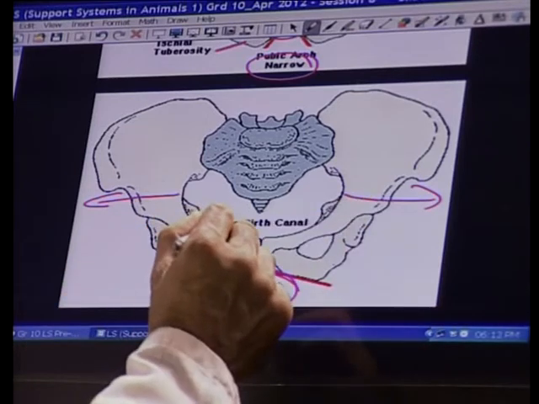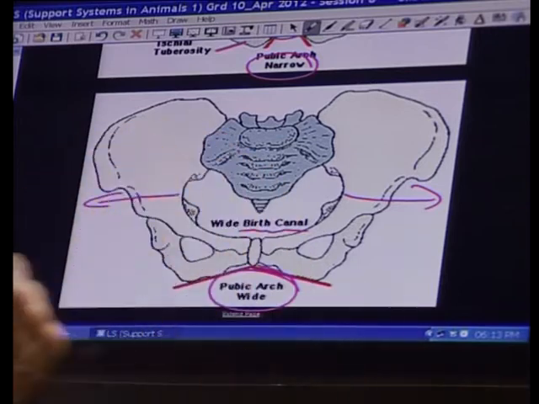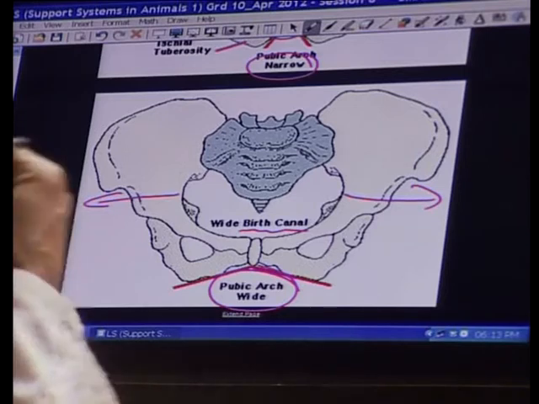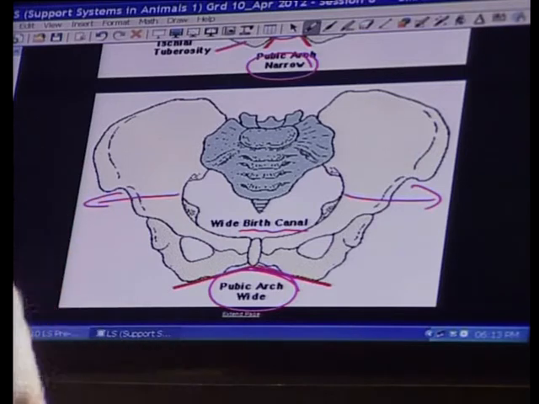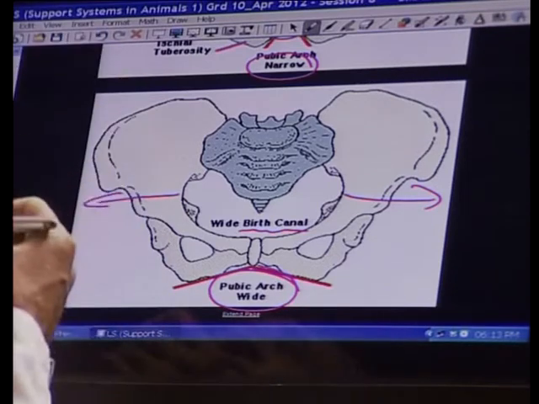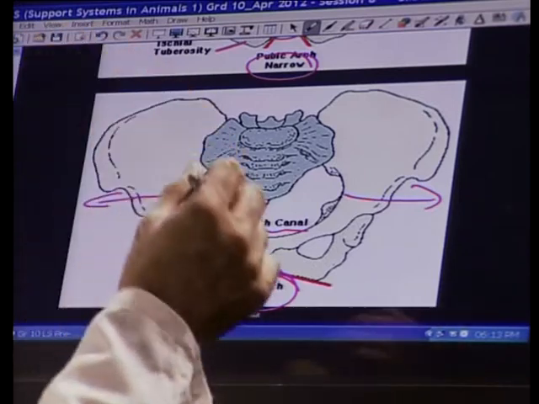Why? And you can see the reason there, wide birth canal. So that when the woman is carrying or is pregnant, this area must support that baby that she is carrying in her body. Rather, not the baby, let's use the correct terminology, the fetus that she's carrying in her body. So she has a wider birth canal.